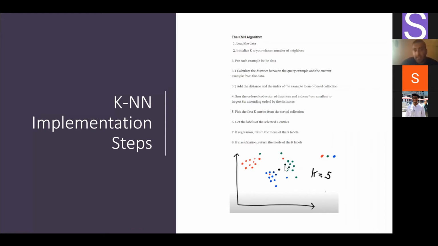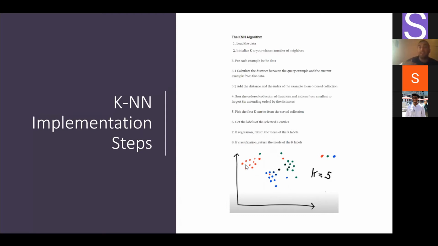And essentially we can see that the three green data points here are closer to this inserted data object here. Therefore, we can classify it as a green data point. That's basically how k-nearest neighbors work. So we're looking at the Euclidean distance. How close is an inserted data point to a group of other data points?